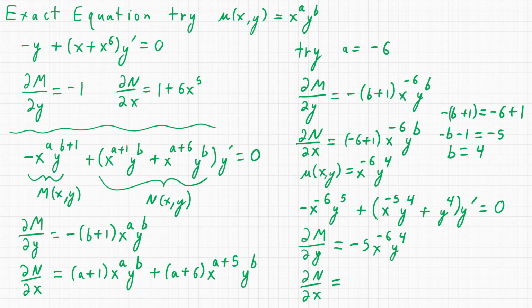Negative 5 pops down, and negative 5 turns into negative 6 by subtracting 1, and the y to the fourth stays the same. And then the other term here, the plus y to the fourth, doesn't have any x's in it, so that's just plus 0. So yeah, now an exact equation.